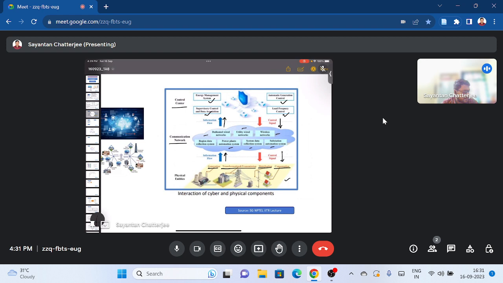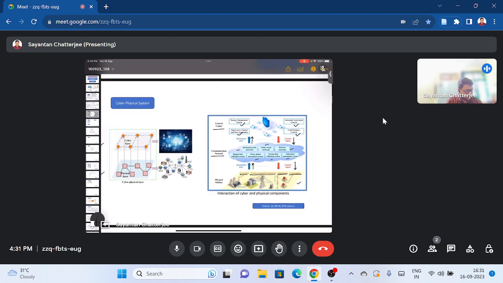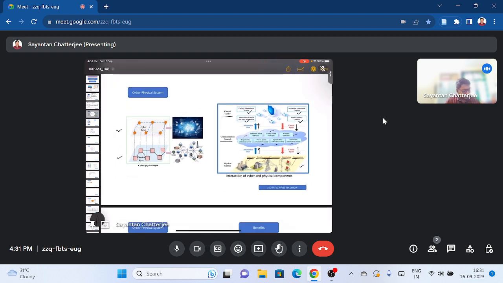Based on this control information, the physical layers operate, meaning wherever a breaker needs to be tripped, or some topological change is needed, for example when there is overloading in the transmission or distribution lines. Whatever information is communicated from the control center is exchanged throughout the physical system. That is the overall objective of how this cyber physical system works altogether.